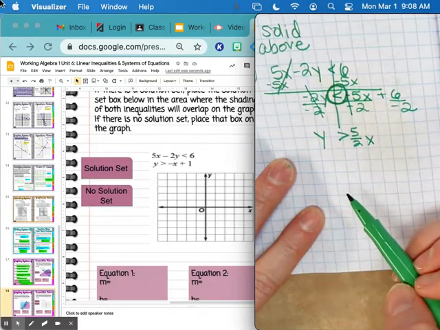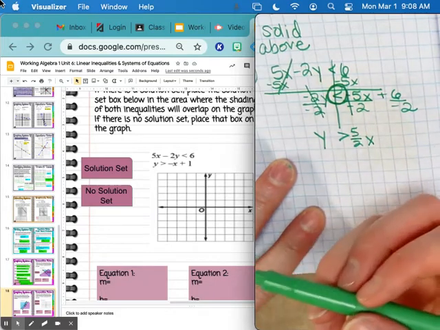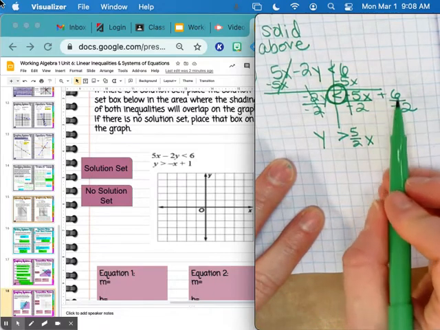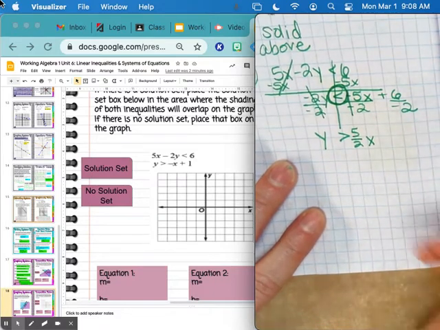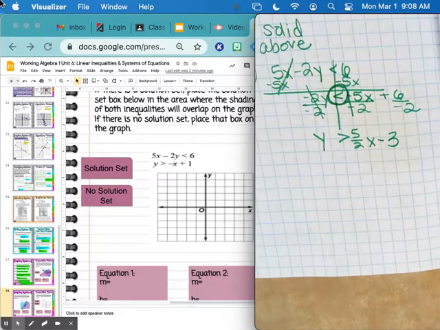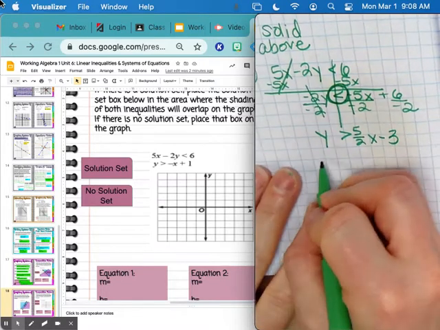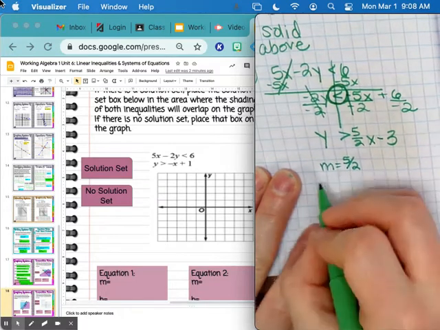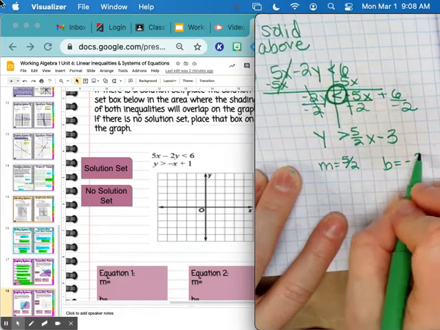Can't reduce that. And we always want to leave our slope as a fraction, rise over run. Then what about positive 6 over negative 2? Negative 3, yep. So then our slope is 5 over 2. And our y-intercept is negative 3.